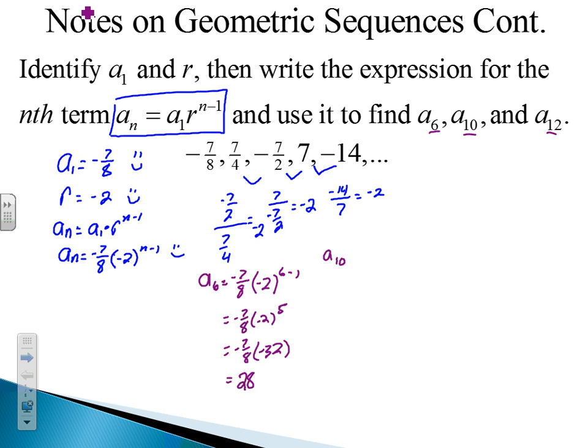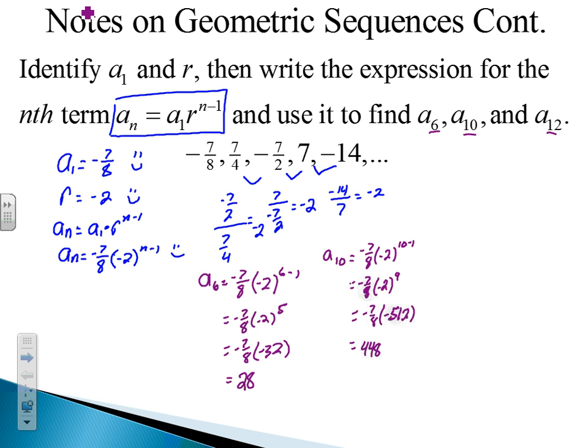So a sub 10 is negative 7 over 8 times negative 2 to the 10 minus 1 power, which gives negative 7 over 8 times negative 2 to the 9th power. Negative 2 to the 9th power is negative 512, and negative 7 over 8 times negative 512 is 448.